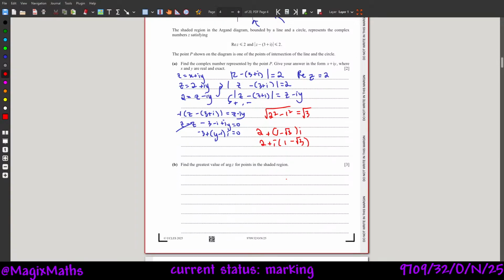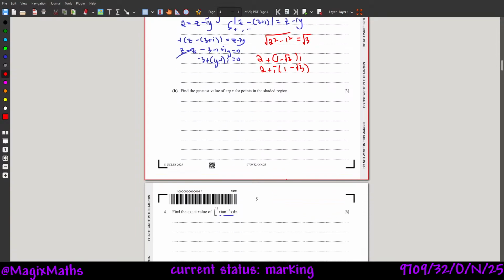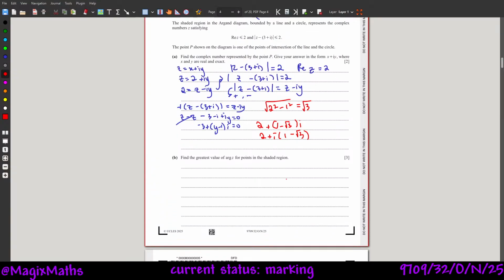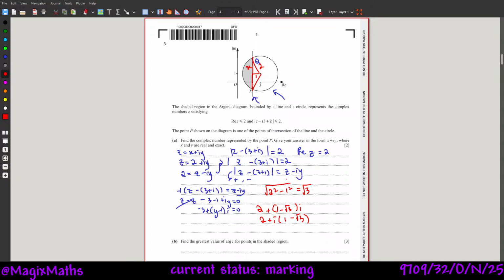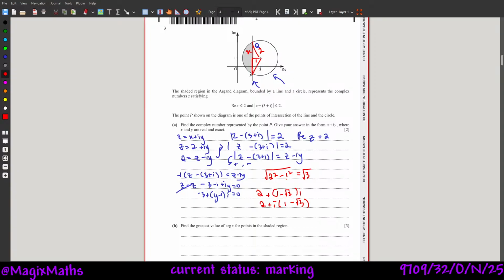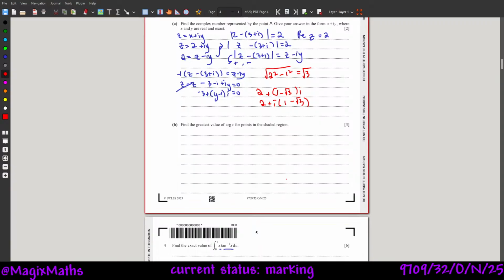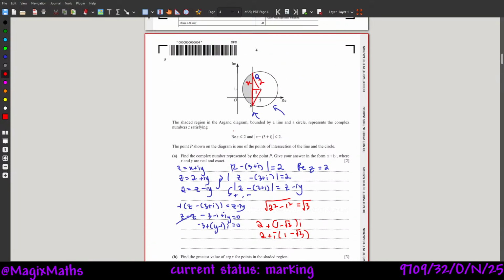So don't forget to take a look at the diagram. Find the greatest value of argument z for a point in the shaded region. So argument z, the greatest value obviously should be the tangent to the circle. We'll get this. So a tangent to the circle, so it's going to be what?